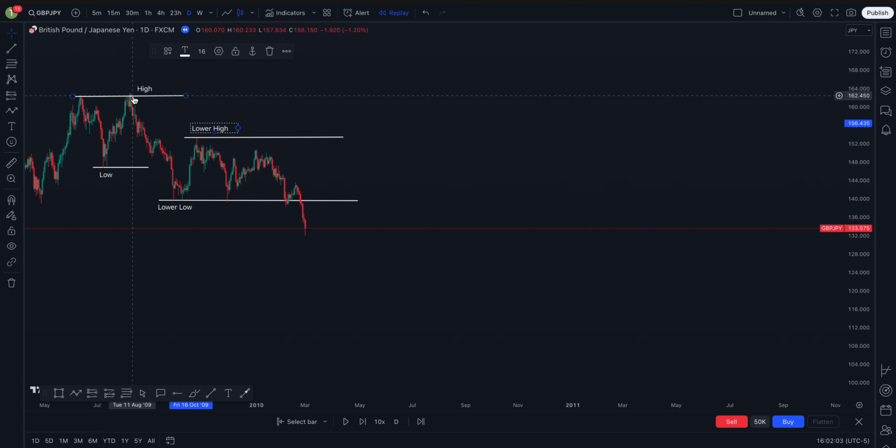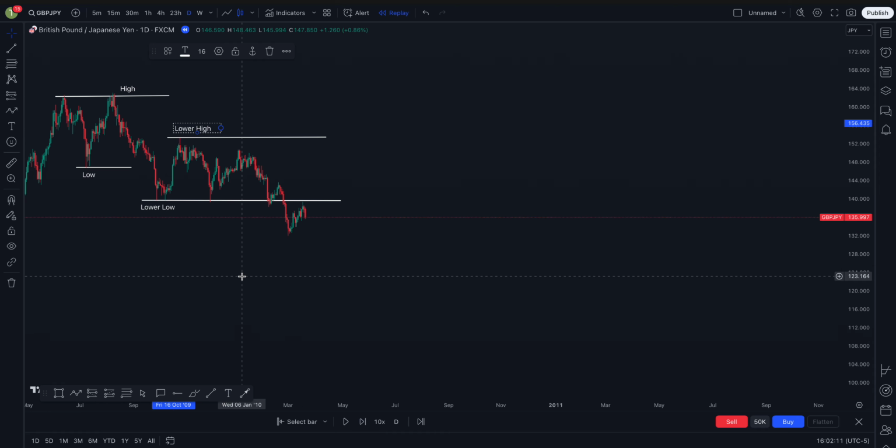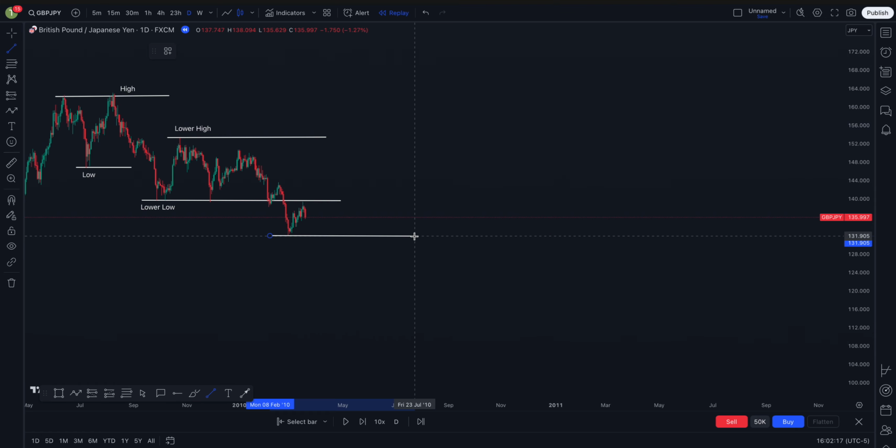So low, high, lower low, lower high, and then price is now creating a lower low, because this new low is lower than the previous low. So now this is the new low.